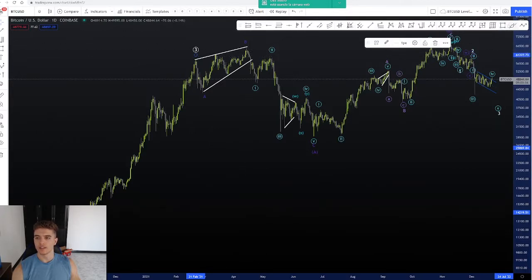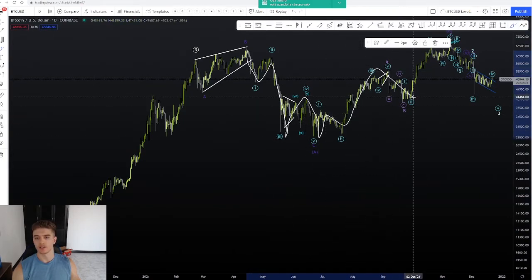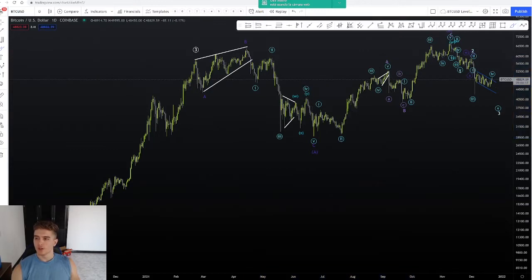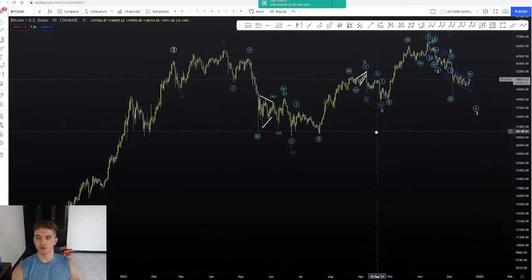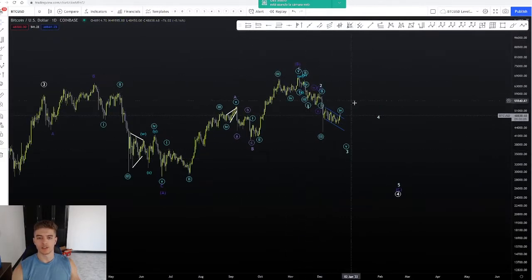And that would mean that this is all a W, X, Y. And this would start the next impulse up, presumably the 5th primary wave. So that's how I'm looking at it right now. Also, just to go through these other waves, this wave B would be a zigzag through A, B, C. And then we're currently in this wave C.